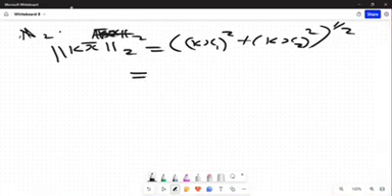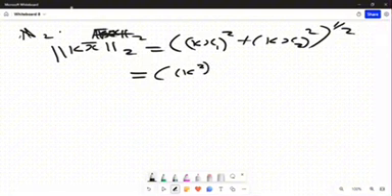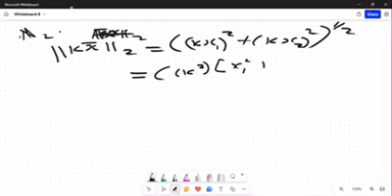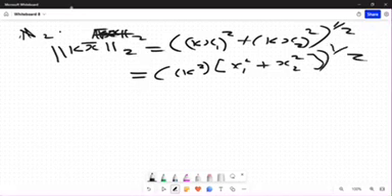So this will be the same thing as k squared into x1 squared plus x2 squared, everything to power half. Look at this: k squared to power half can never be negative, since it is a square root of an object.